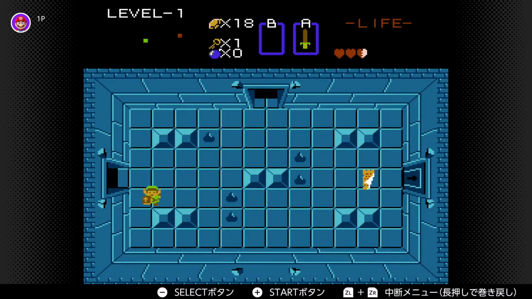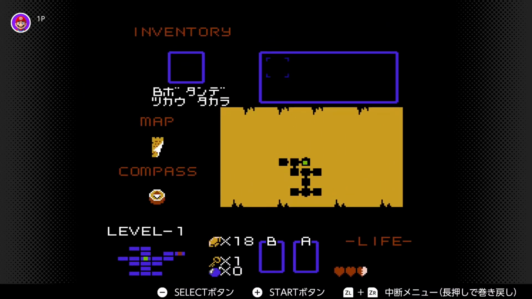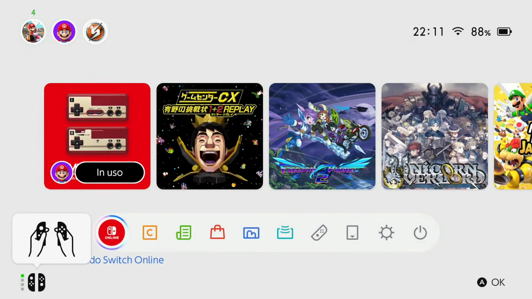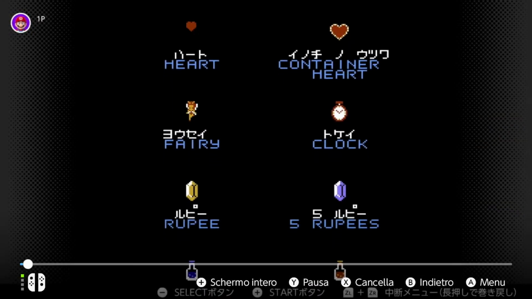Okay. And so there's the map, luckily. So we can finally see the layout of this dungeon. It's the eagle. Here in the inventory it shows the rooms we have actually visited. And so since we got the map, we can see its Japanese name.